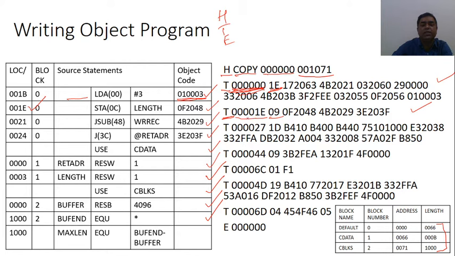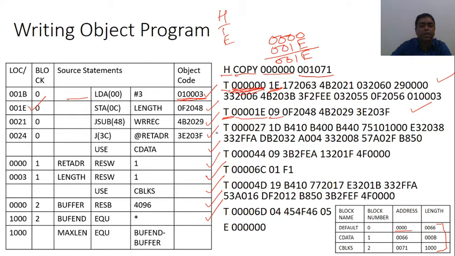That's why we had not added it here, but it is always added. For example, this text record belongs to the default block, whose starting address is 0000. When we add 0000 and 001E, we get the same value, 001E.